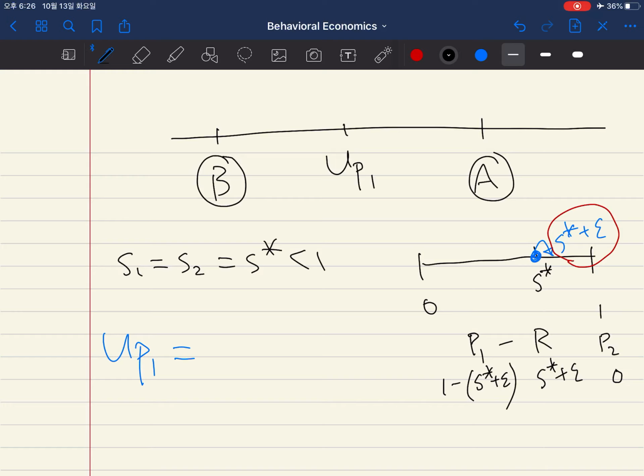So in this case, first proposal's payoff is, first, his consumption is this. And first proposal is going to feel envy about responder because responder has more. So here comes inequality between responder and first proposer.